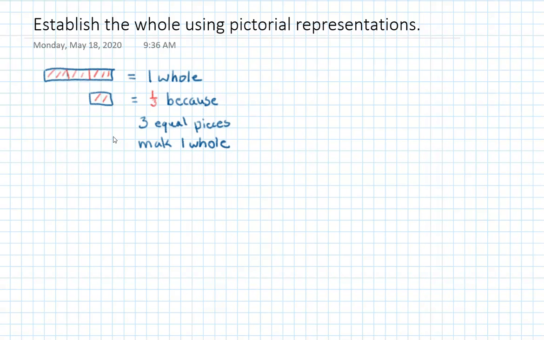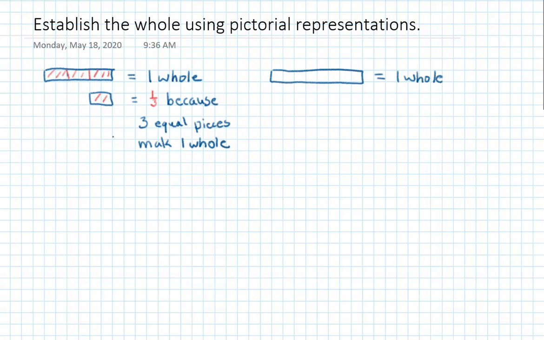Now, I could just have easily decided that I was going to establish the whole like this. I could have started off by saying that this is equal to one whole.